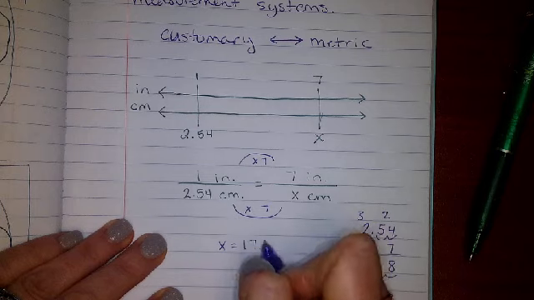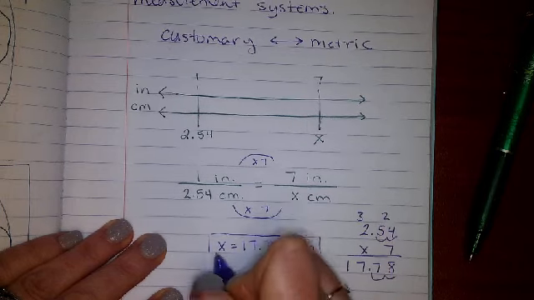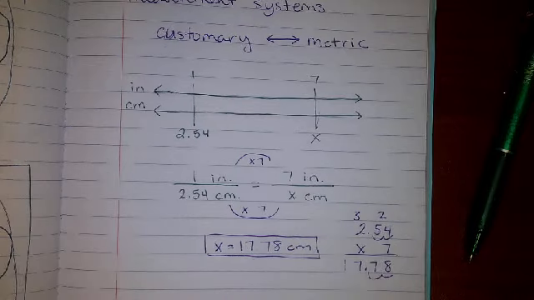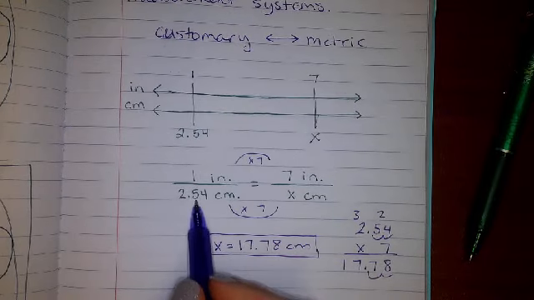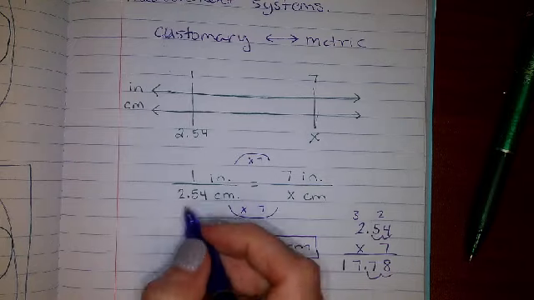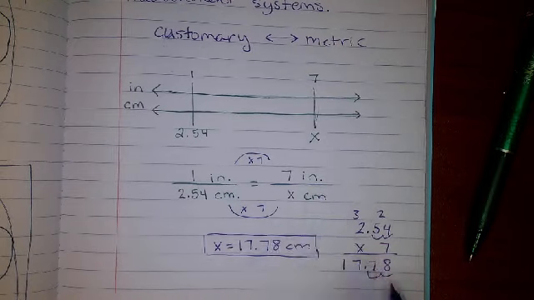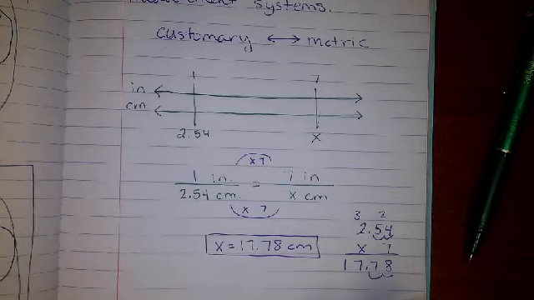So, one inch is 2.54 centimeters, and 7 inches is 17.78 centimeters. All right, so that's what you would do. They're going to give you this first information, and you're going to convert it to the second one.